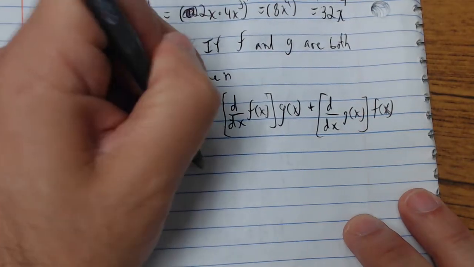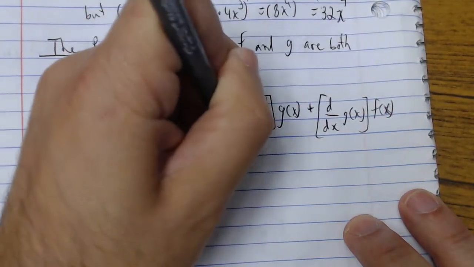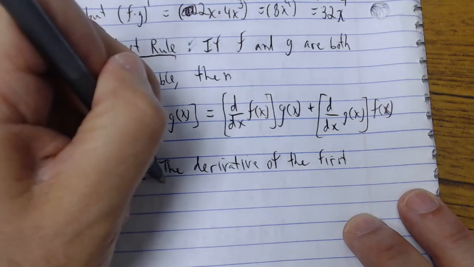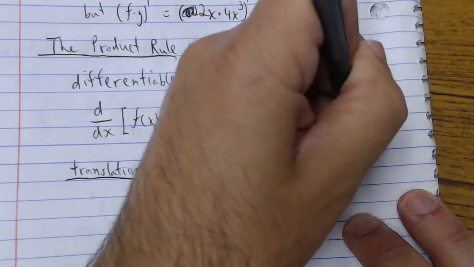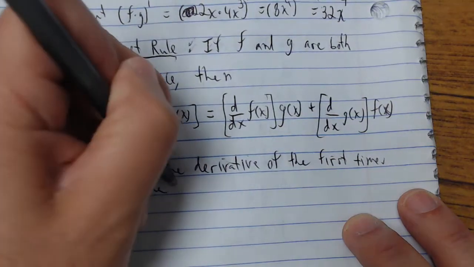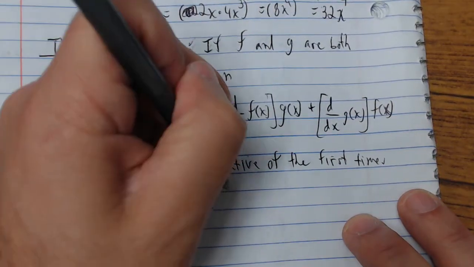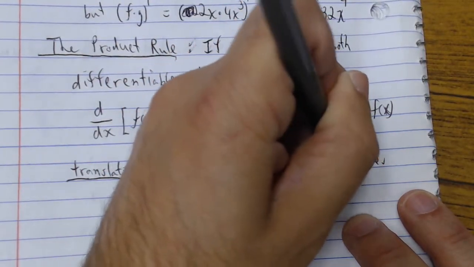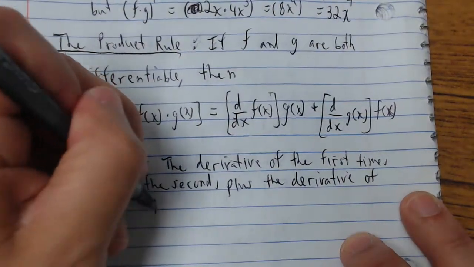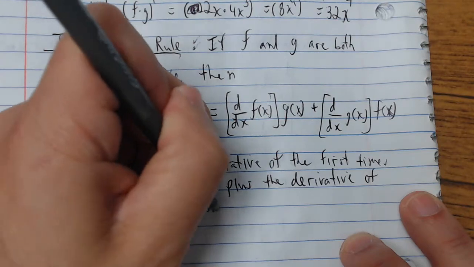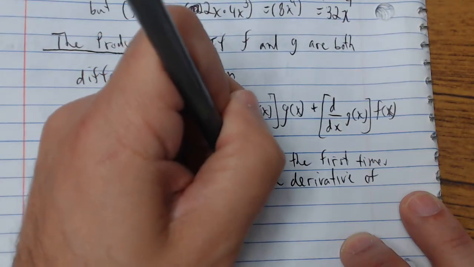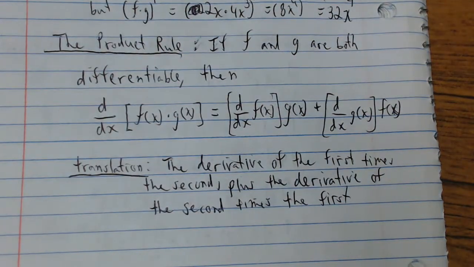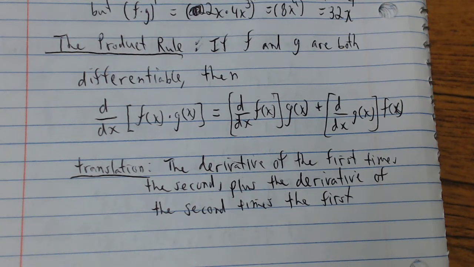The derivative of the first times the second plus the derivative of the second times the first.